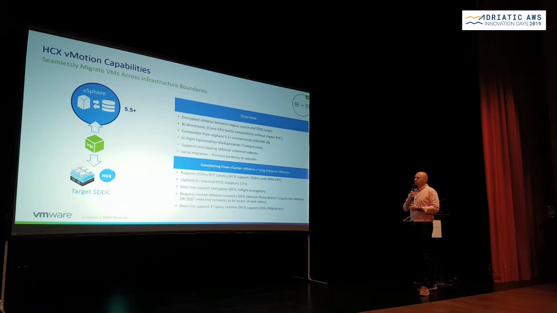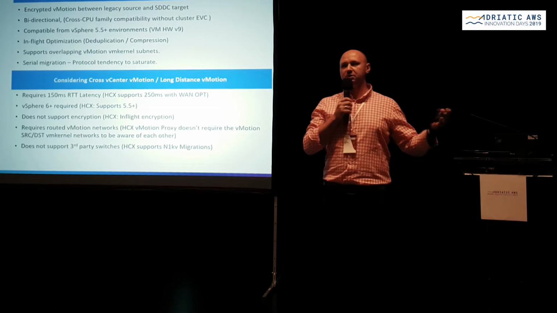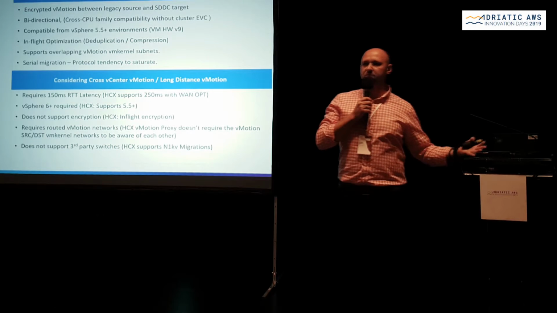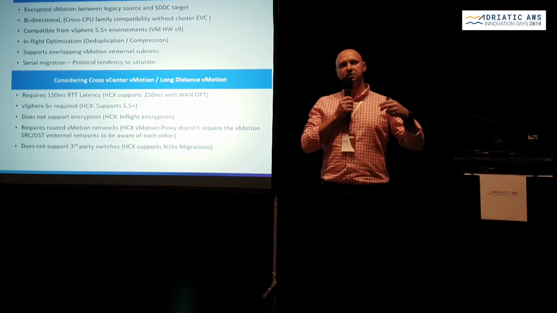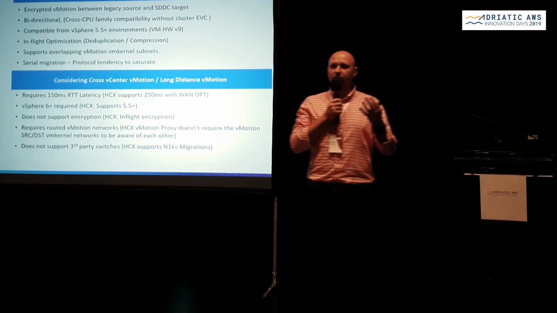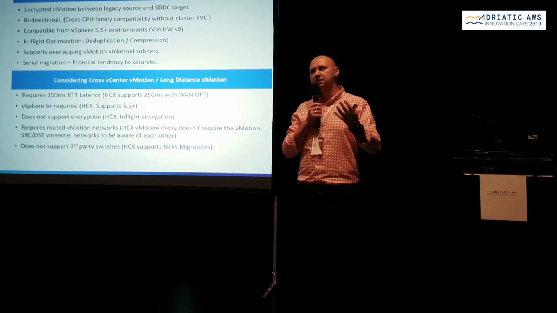vMotion capabilities, as I mentioned, is one of the options which we are using to easily move a VM between sites. If you imagine that we have an on-prem site and some VMC in the cloud, we will put in between a proxy, which all the VMs see as an additional ESX server.